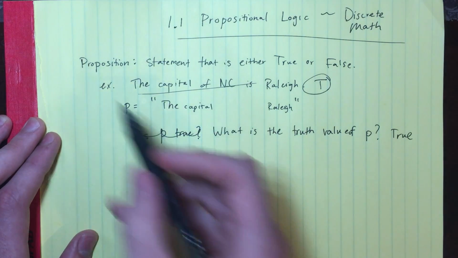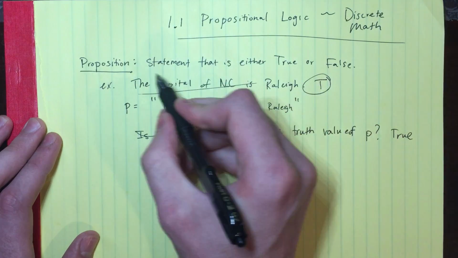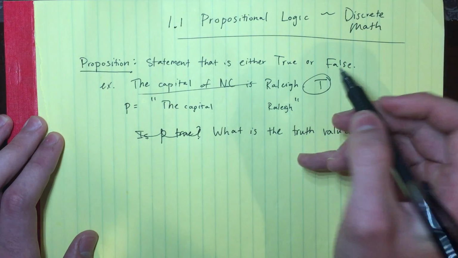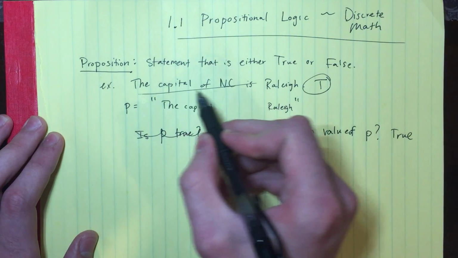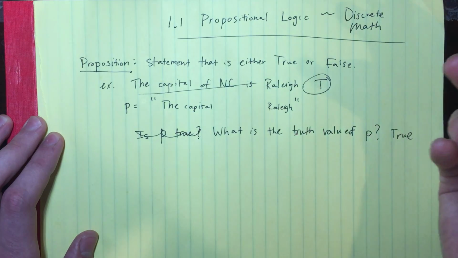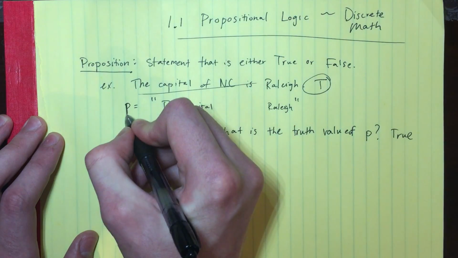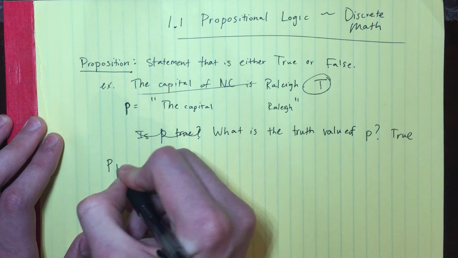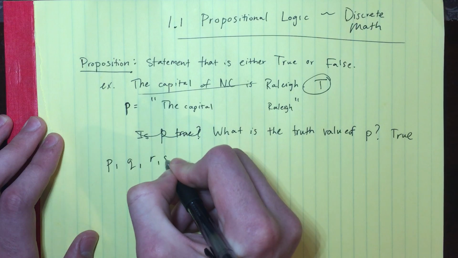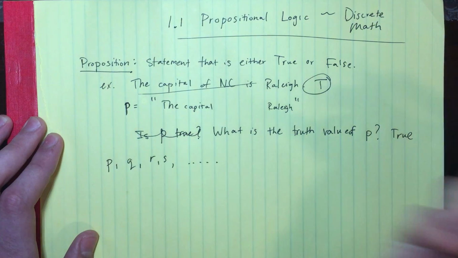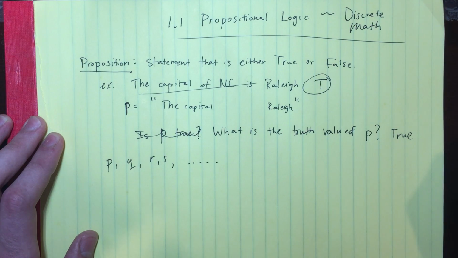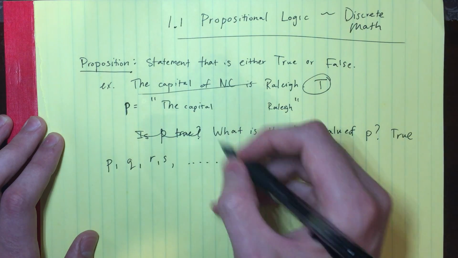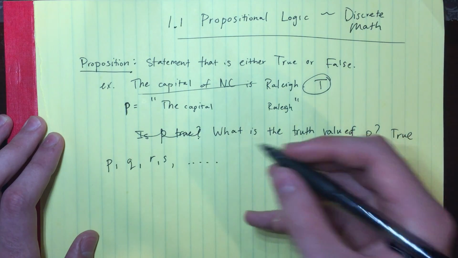So a proposition is a statement that is either true or false. For example, the capital of North Carolina is Raleigh, which is true. These P things can be P, Q, R, S. Those are the normal variables they use, and these are propositional variables.